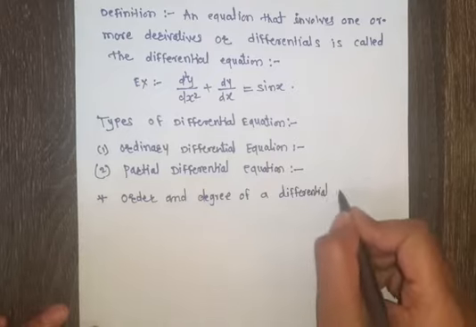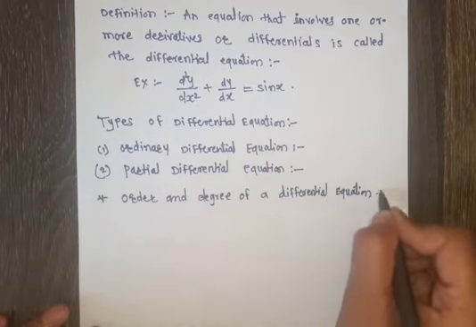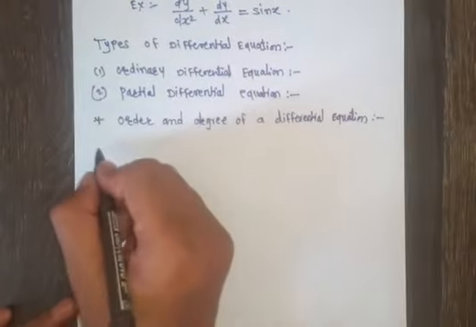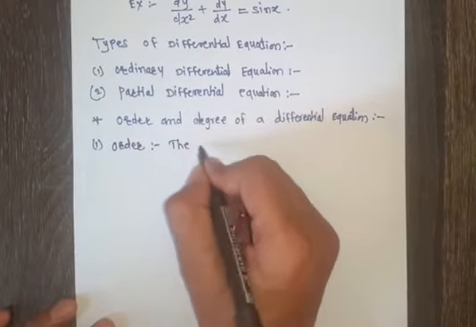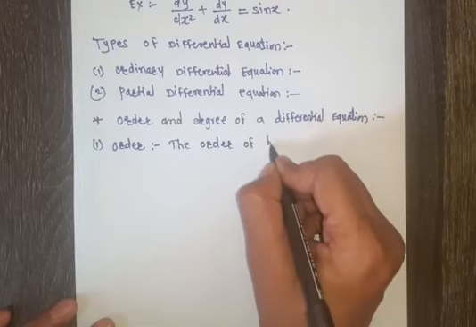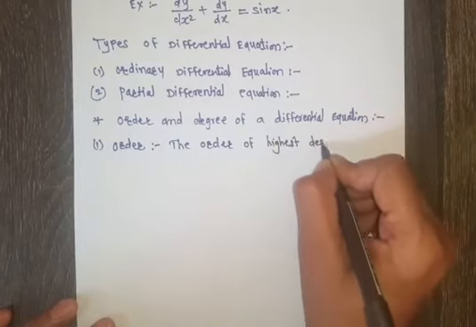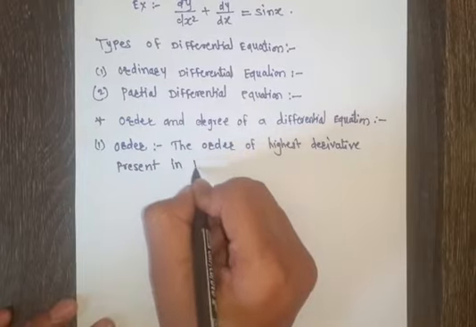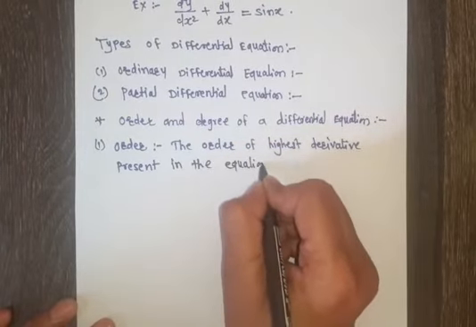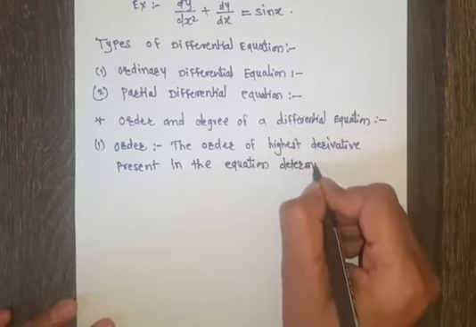Now we move towards the order and degree of differential equation. The first definition is order. The order of highest derivative present in the given differential equation determines the order of differential equation.